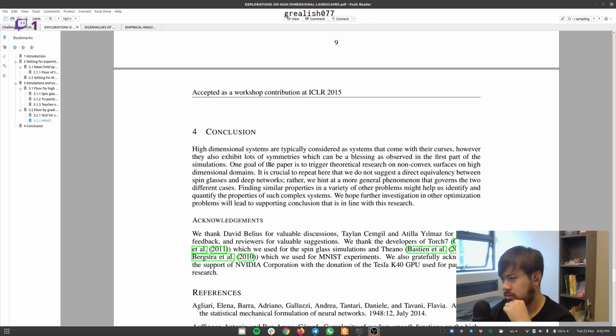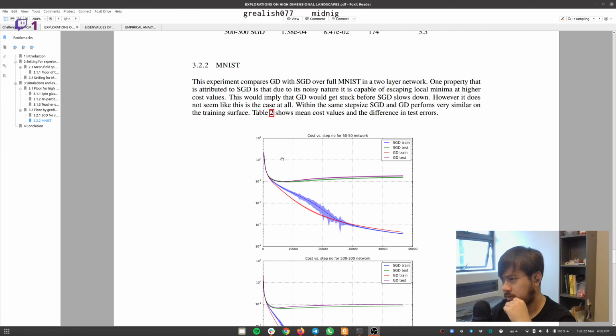Okay, maybe I'll come back to this because I'm not sure how this can be completely irrelevant just yet. So we get SGD test string.